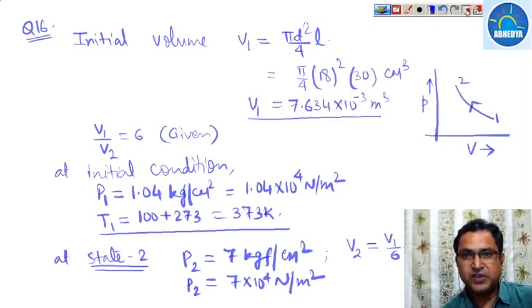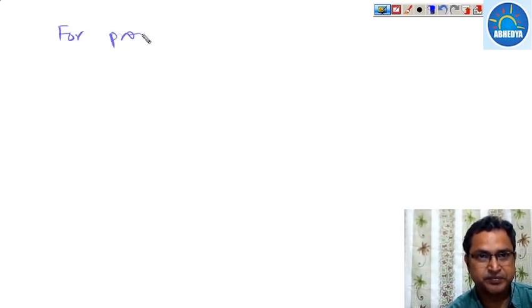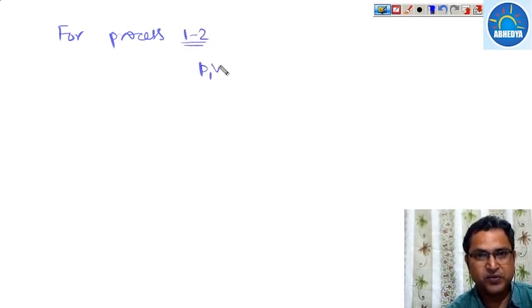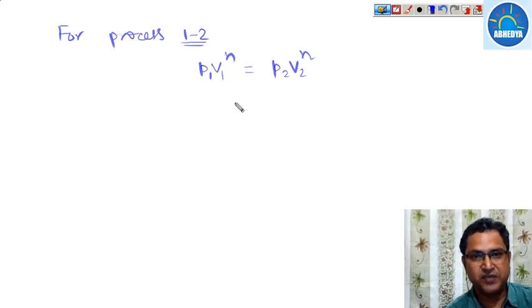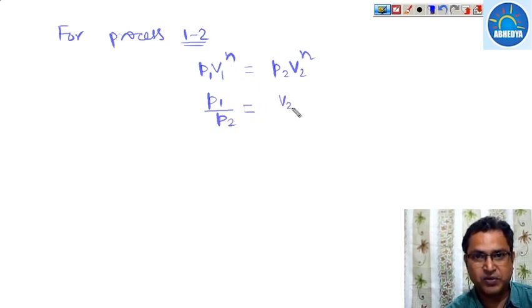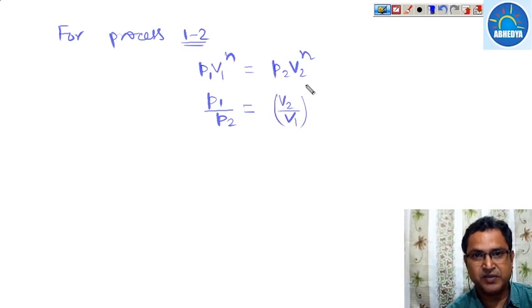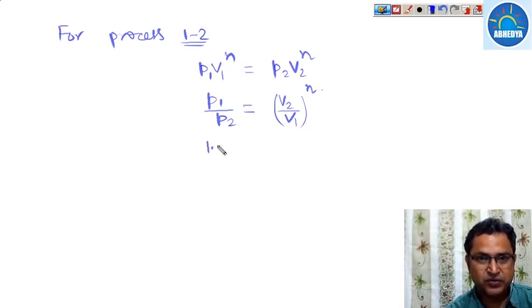Now for process 1 to 2, P1 V1 raised to the power n is equal to P2 V2 raised to the power n, where n is the polytropic index which we have to find out. So P1 upon P2 is equal to V2 upon V1 raised to the power n. What is the value of P1? 1.04.